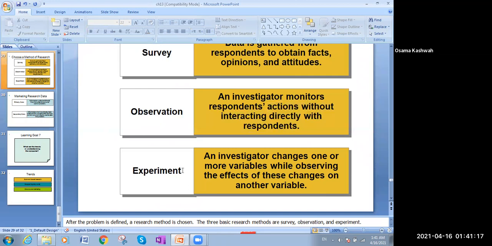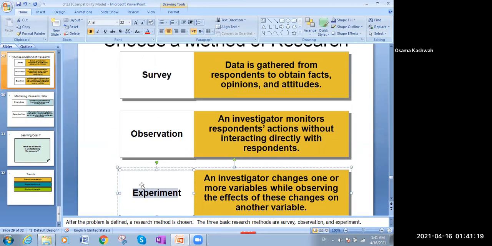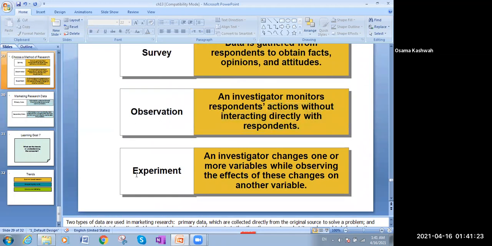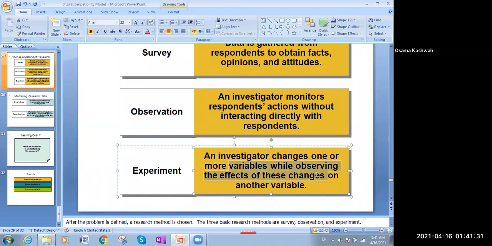Experiments are a very big source of research, because through experiments we will know whether this product is right or not. An investigator changes one or more variables while observing the effect of these changes on another variable. Like the example of the COVID-19 vaccine.